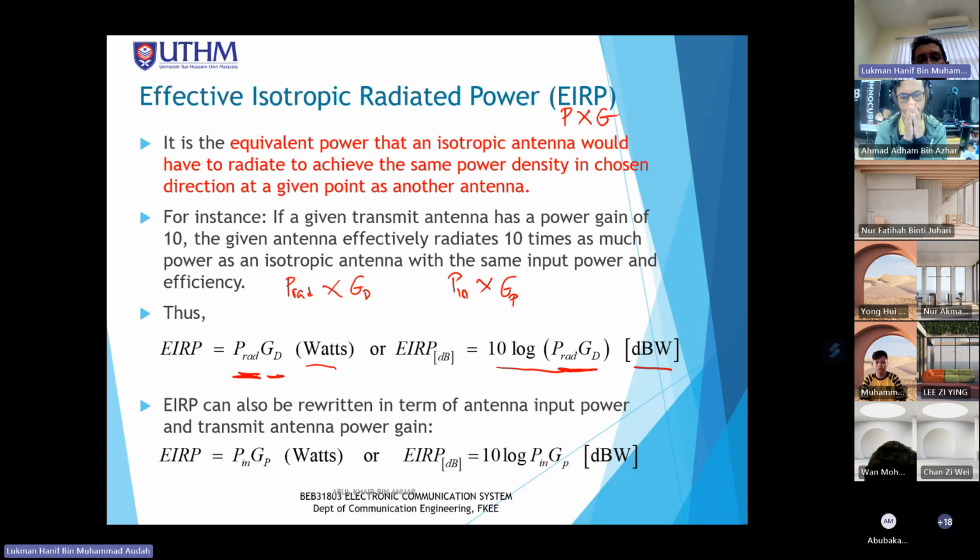EIRP can also be measured as P input multiplied with the power gain. The unit is watt, and in decibel we get 10 log of P in times GP, so we get the value in dBW. So EIRP shows the strength of the transmitted wave, in terms of watt.